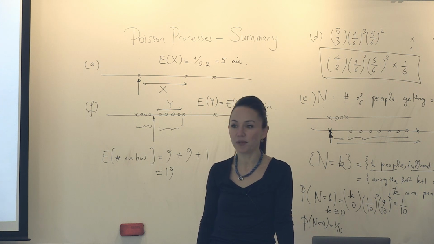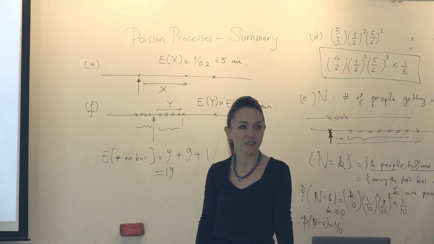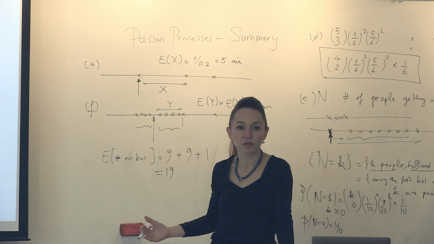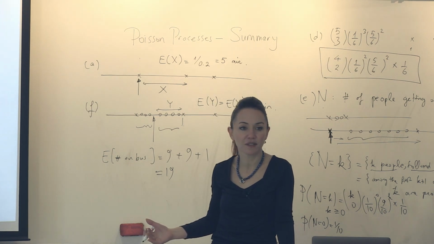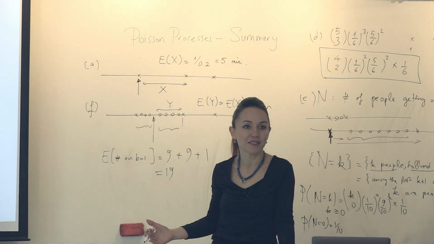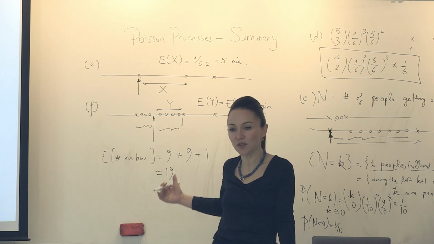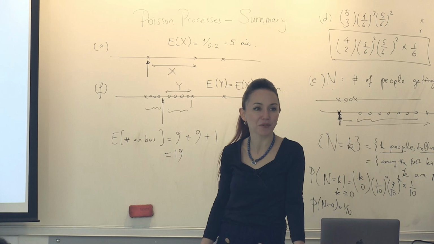How many people are there on an average bus? 9. How many people are there on the bus that I observe when I arrive randomly? 19. What is the problem? Isn't that a paradox? Yes. That goes back to the random arrival paradox.